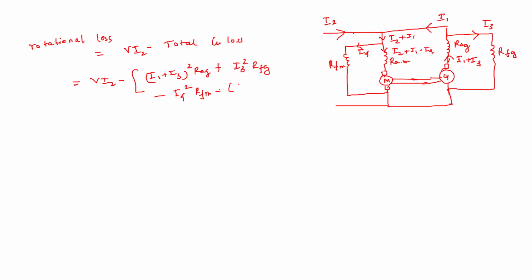Minus is taken common, so this becomes (I2 plus I1 minus I4) squared RAM. And this is the rotational loss of both machines.